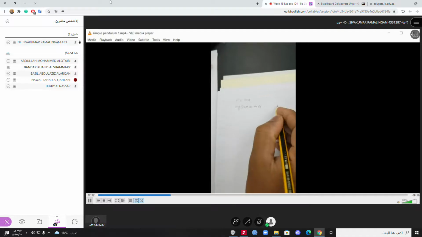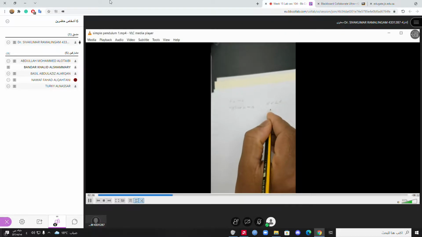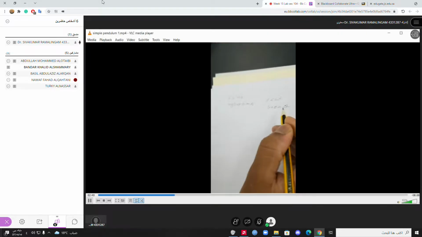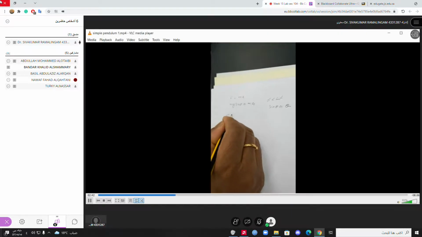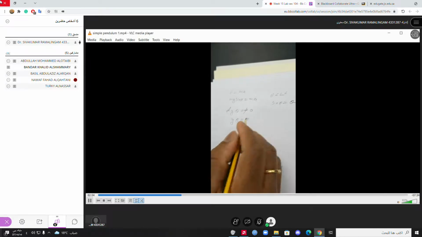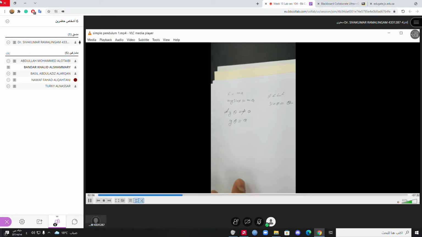Now, for small theta, a very small angular displacement, sine theta is equal to theta. Now mg theta is equal to m a. m gets cancelled. g theta is equal to a. Right? g theta is equal to a.